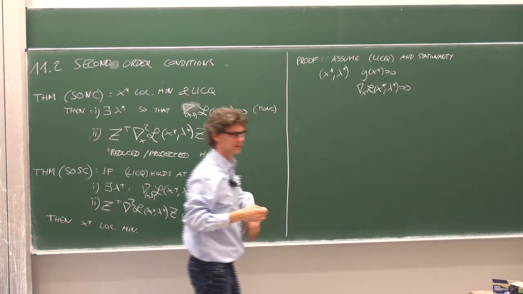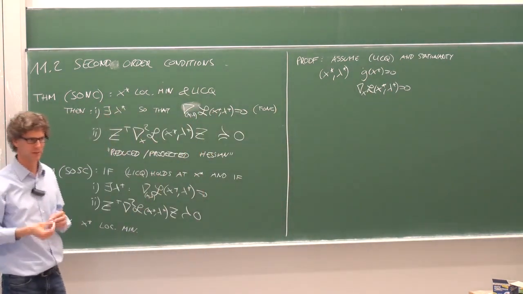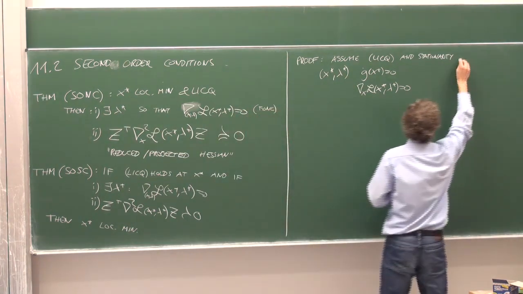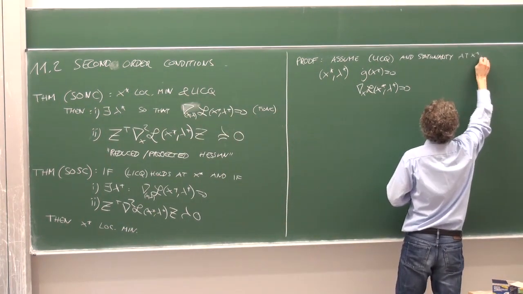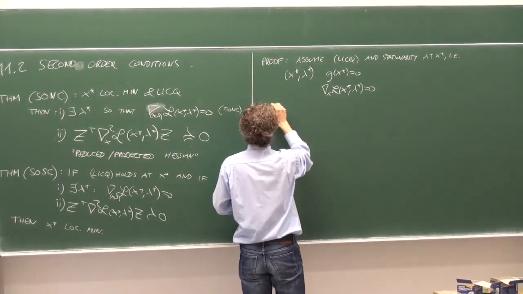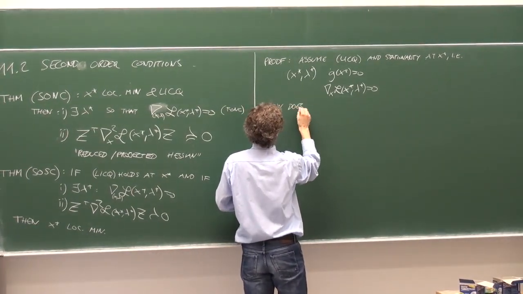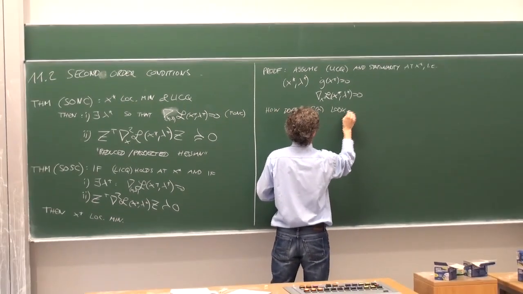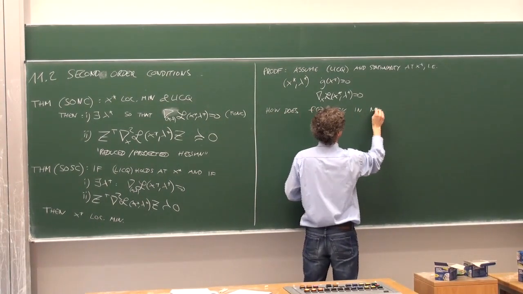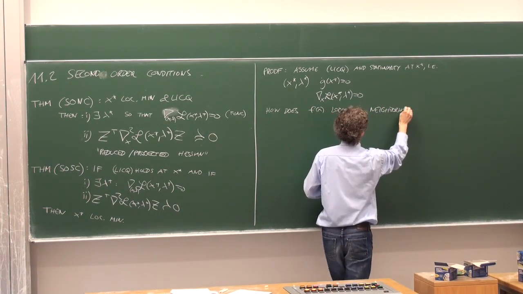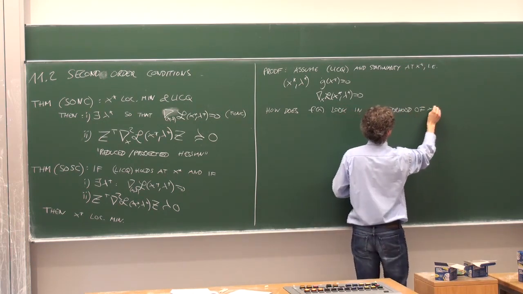And now I want to look at how the objective function f of x looks in the neighborhood of x star.